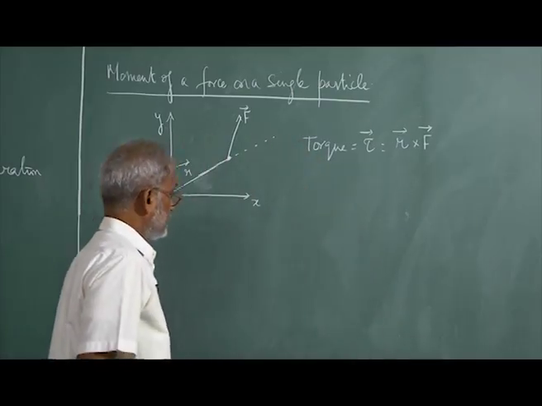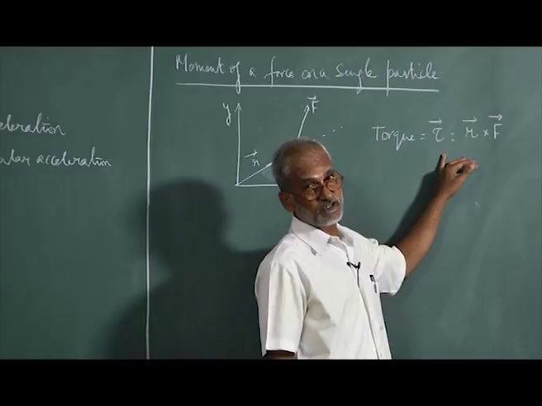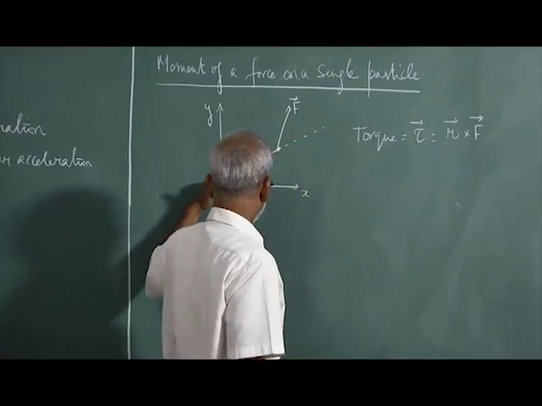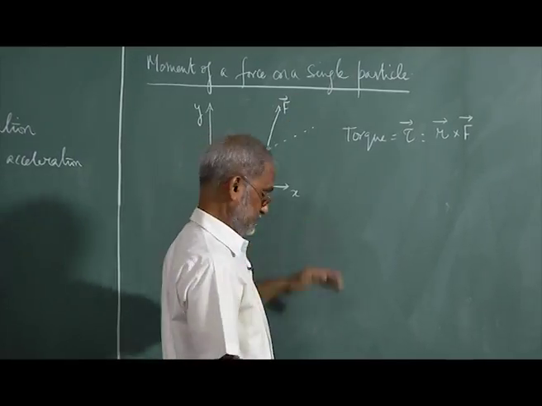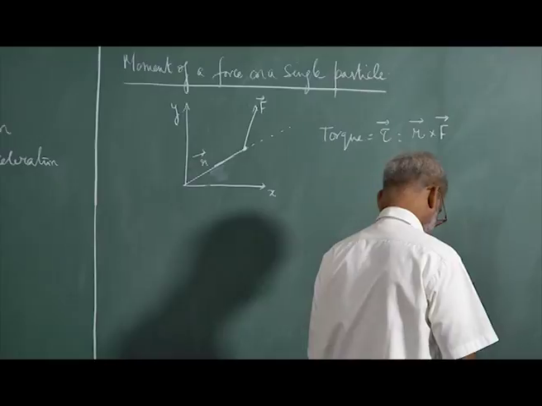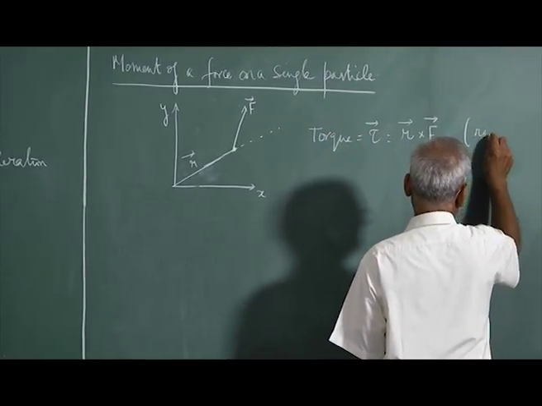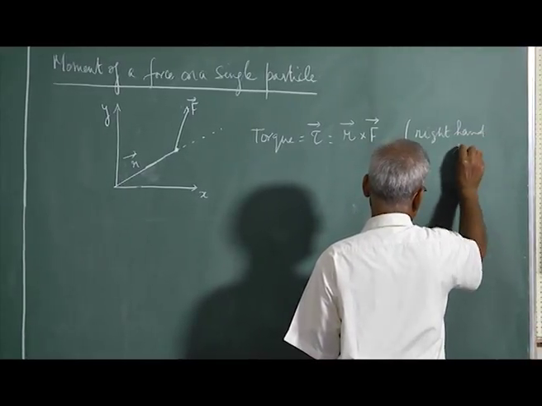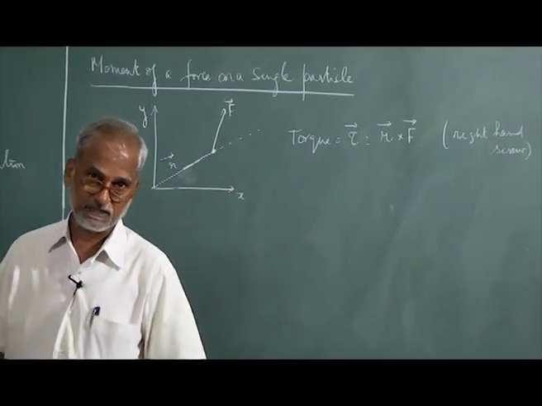So one thing straight away clear is that the direction of the torque is perpendicular to the position vector as well as the force vector, and it is given by the right hand screw rule. You must keep this in mind for the direction, right hand screw, which we described in yesterday's class.